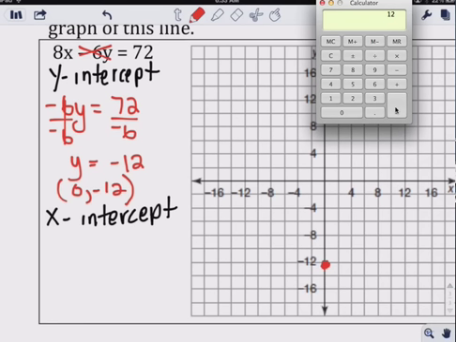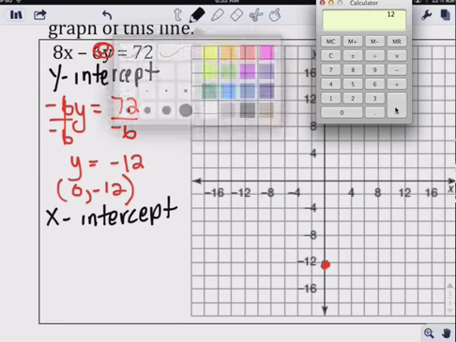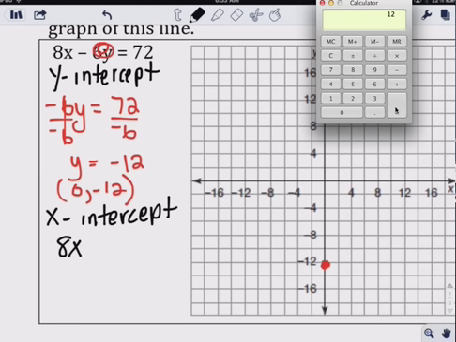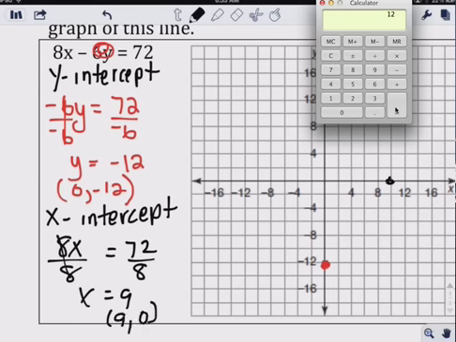So that's because it's 0, 0 times 6 is 0, negative 8x minus 0 is just negative 8x equals 72. Divide by negative 8. X is 9, so it's 9, 0. X-intercept crosses the x-axis. We draw a line. That line crosses the x-axis here and the y-axis here. So without these dots, you can see clearly.